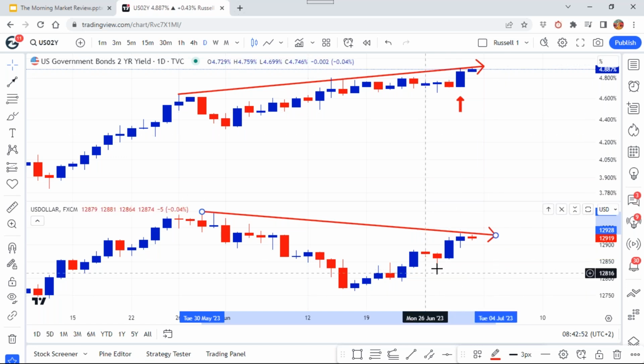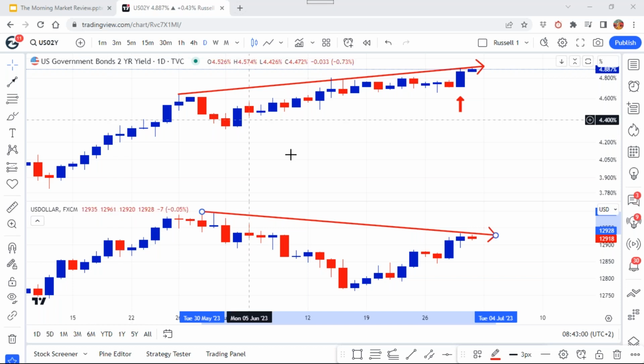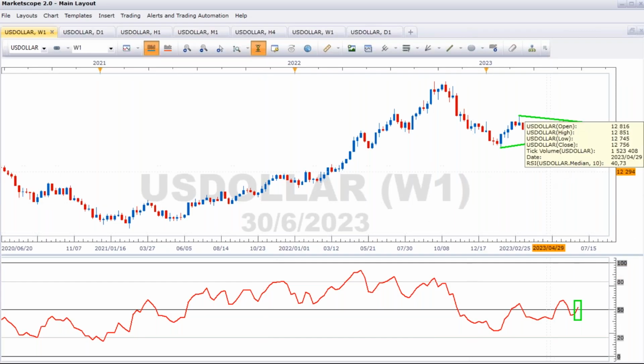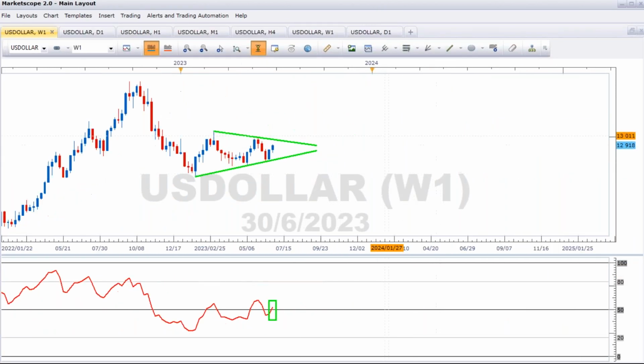And it does look as if it's the greenback that has started to make the move. It looks like it's starting to move upwards. And the way that we can track that is doing our top-down analysis on the US dollar.